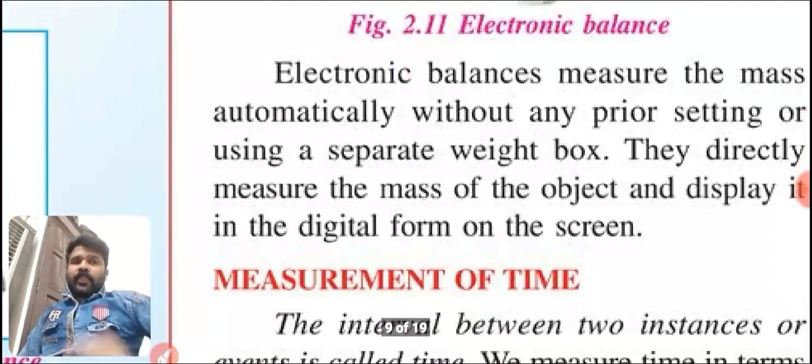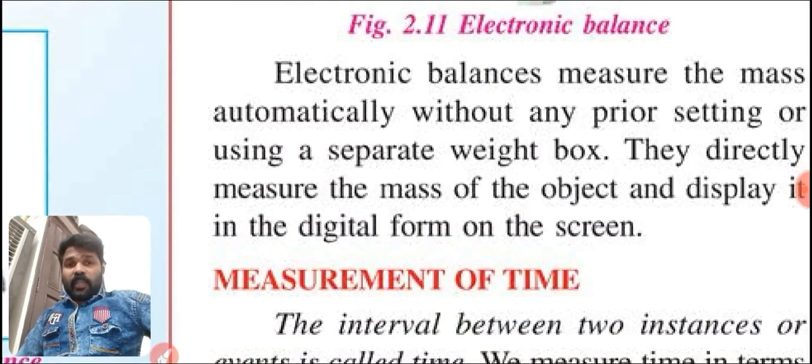Okay, clear? Electronic balances measure the mass automatically without any prior setting or using a separate weight box. We don't want a separate weight box for the electronic balance. They directly measure the mass of the object. We just have to keep the object on it.